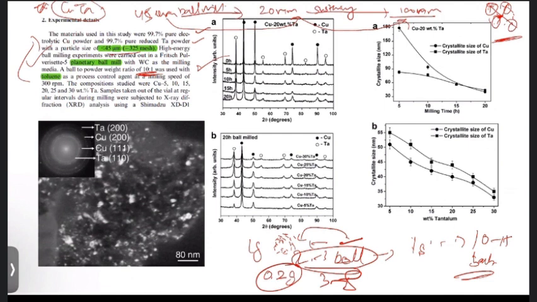No, to avoid wear and tear of the balls. Yes, and also sample sometimes sticks on the ball, so just to take out the sample, we need some liquid. So toluene is used. Can we use water?